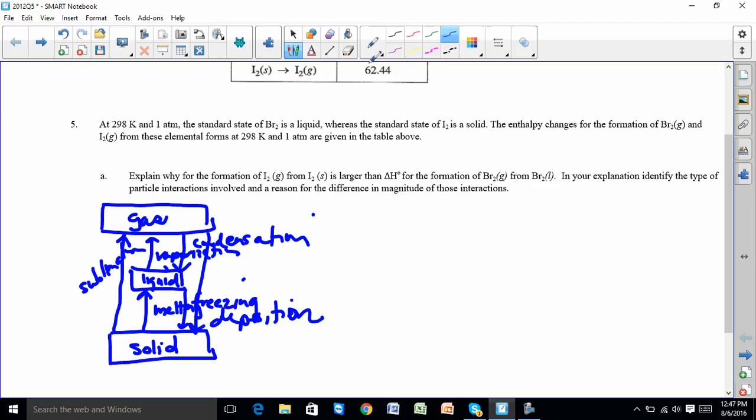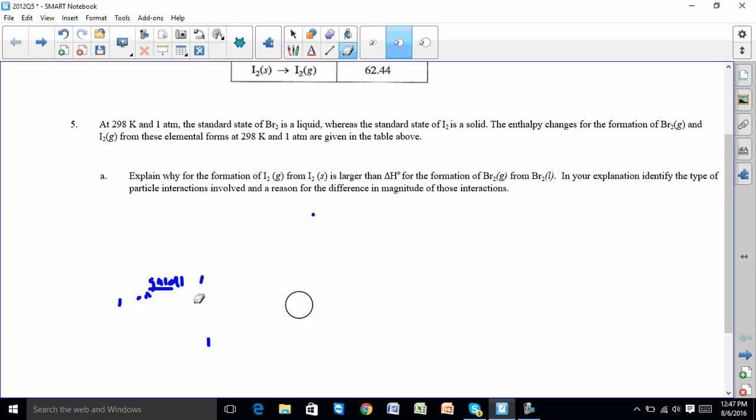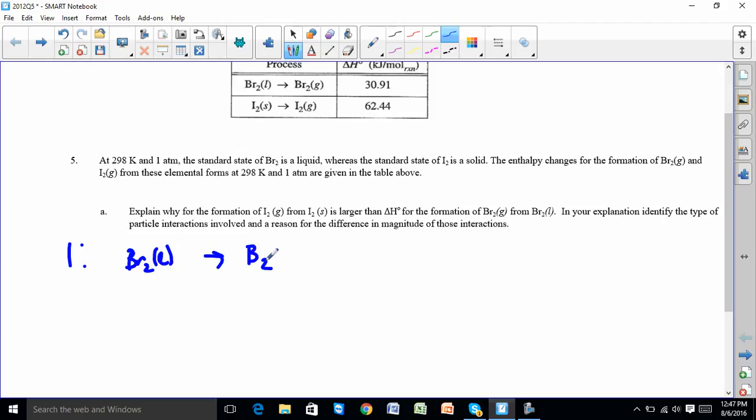Now remember, they took either answer, but I'm erasing that diagram, because I needed to do that background so you could understand the answer. They didn't expect to see that diagram in there. Again, they gave full credit for either answer. So the first answer they would have taken is Br2 liquid to Br2 gas.